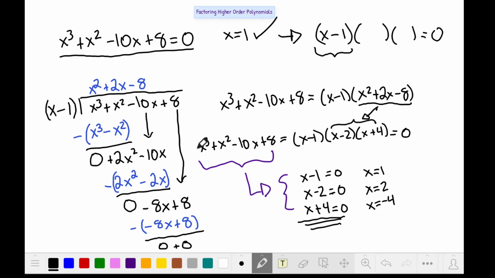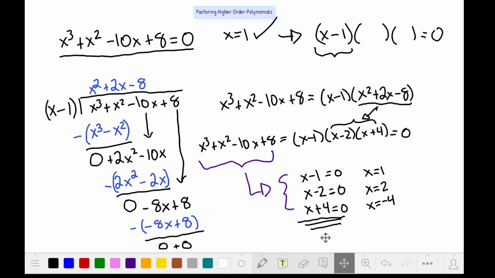And then at that point, our big power of 3 is just 3 powers of 1. And we get 3 simple equations, which in turn give us 3 simple solutions. So if you're wanting to factorize a polynomial of power 3, just remember you can give yourself a polynomial long division by guessing an answer.